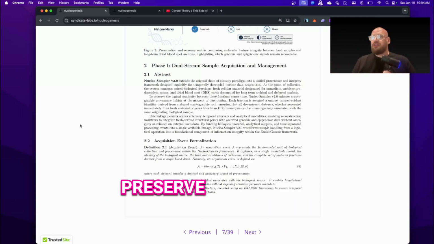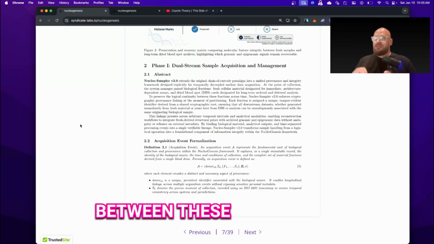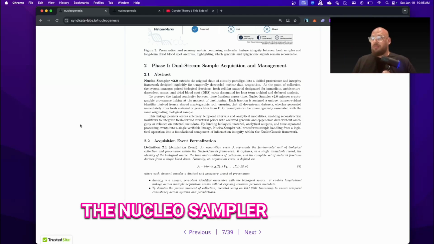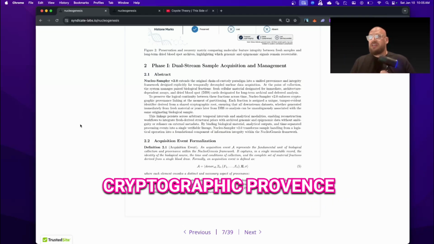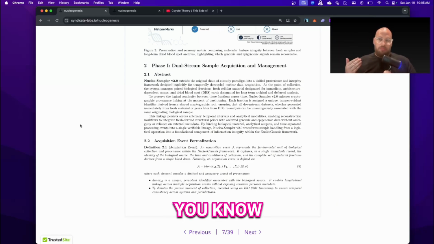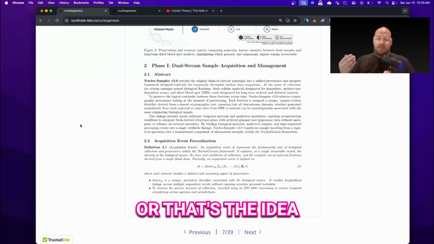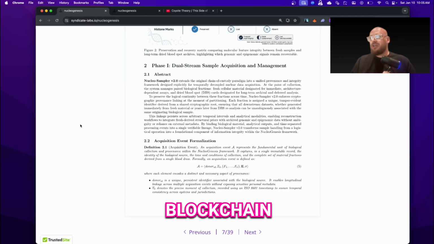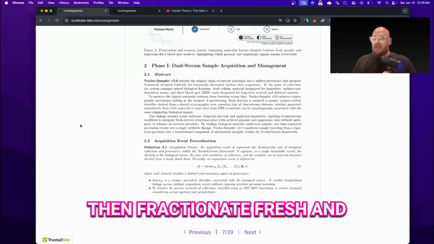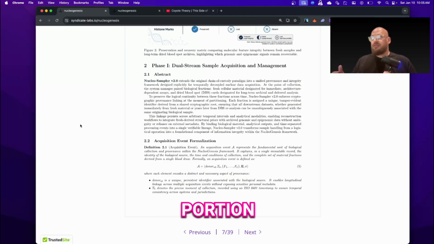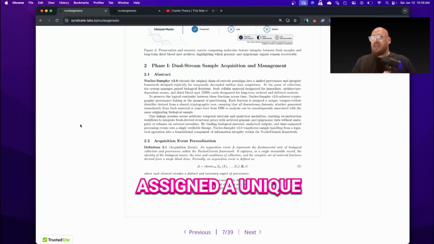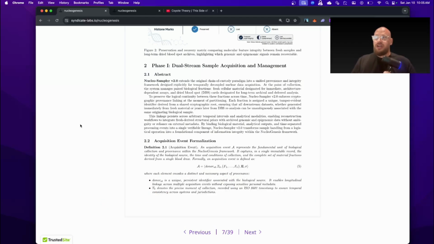So to preserve the logical continuity between these two fractions across a period of time, the Nucleo sampler enforces cryptographic provenance linked at the moment of partitioning. So it uses blockchain technology, or that's the idea. It uses a cryptographic public blockchain that will then fractionate the fresh and the DBS portion, or the long-term architecture, and each fraction is assigned a unique tamper-evident identifier derived from a shared cryptographic root.